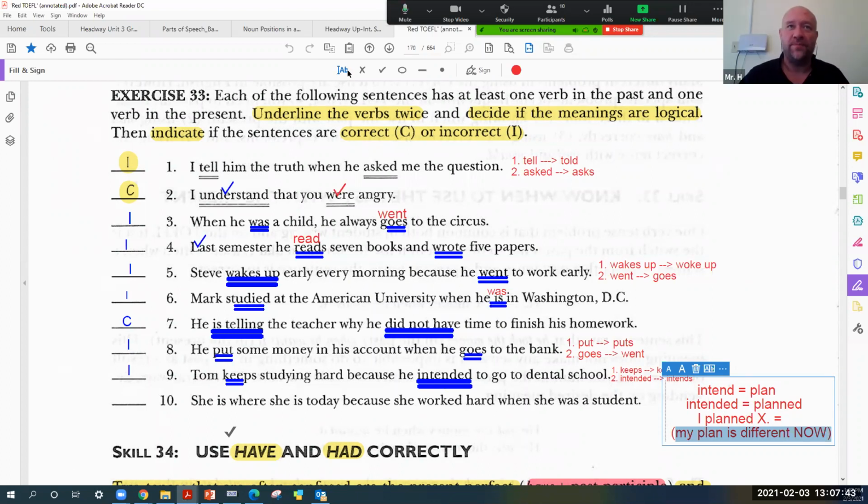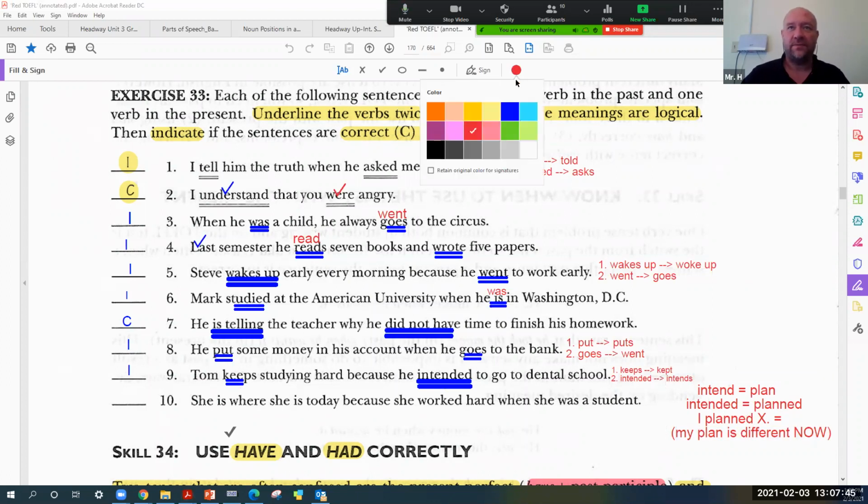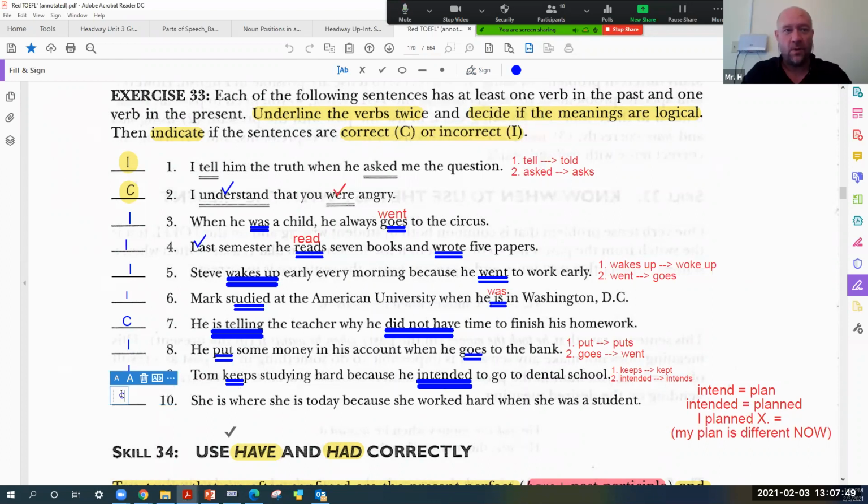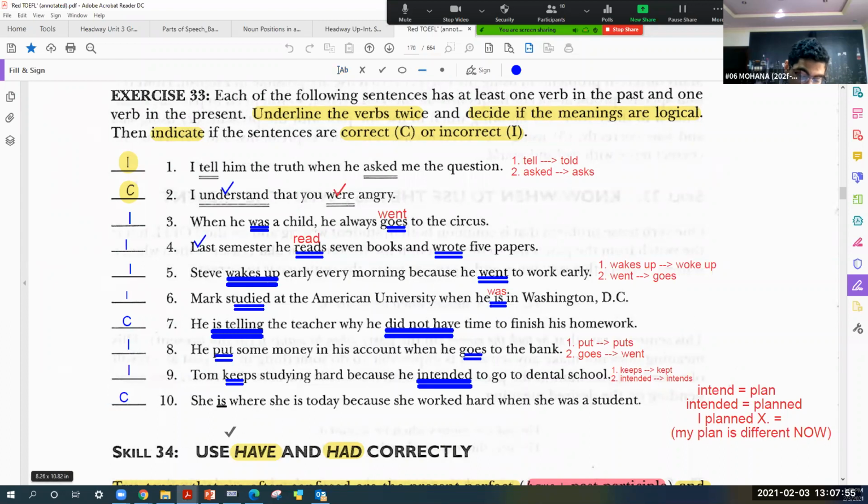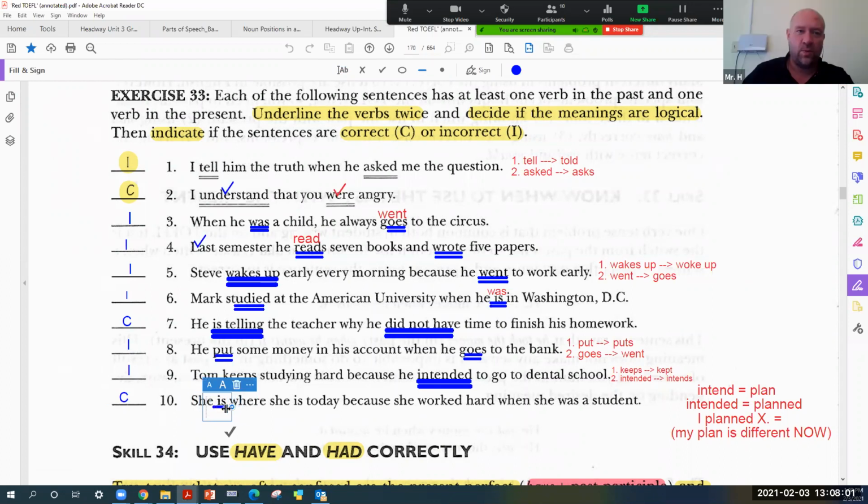Mohana, do the last one. Is it correct? Yes, it is. You say it's correct? Why? The first verb is worked. The second was student. She is where she is today. Why?